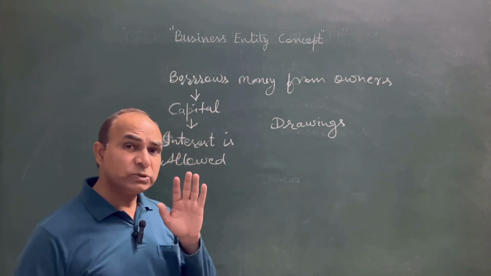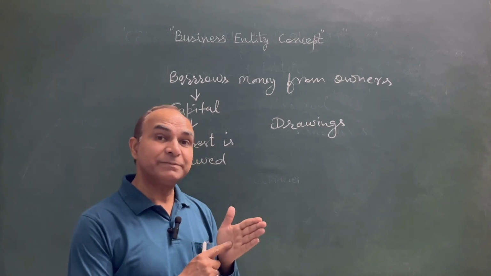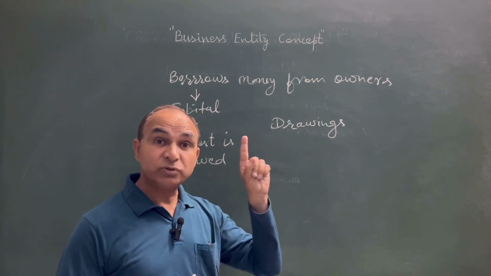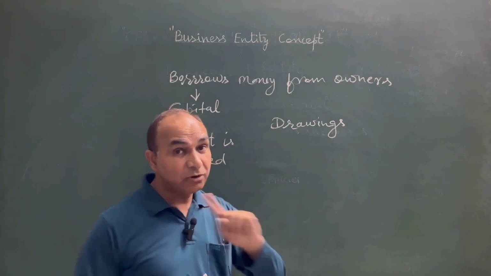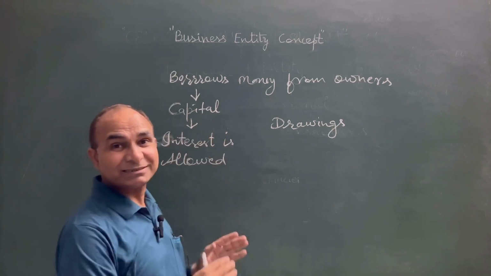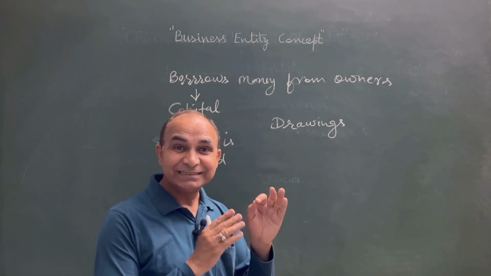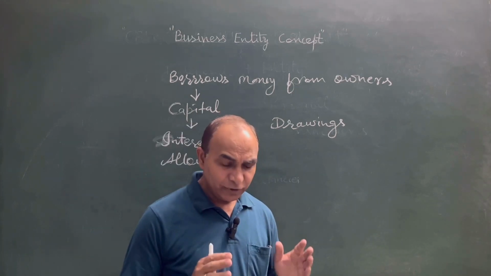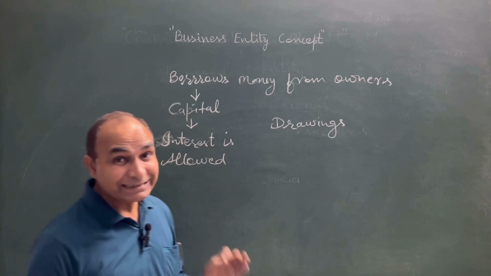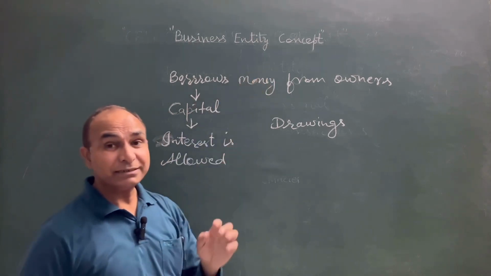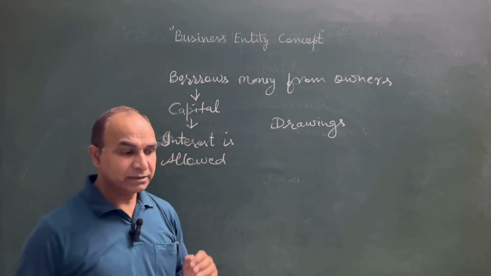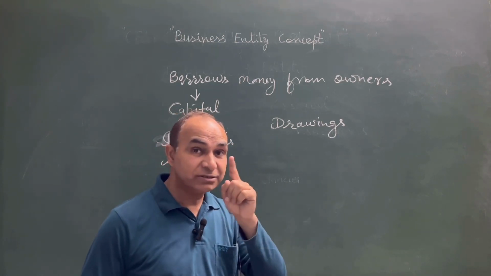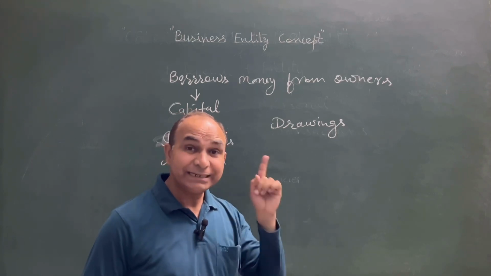At the same time, you need to understand that if the same businessman is running other businesses also, transactions of those businesses can also not be mixed up with this business, because every business has a separate legal entity. At the end, I would like to tell you that if this business entity concept is not followed, then we can never come to know the accurate profitability and financial position of the business. For that, it is a must.